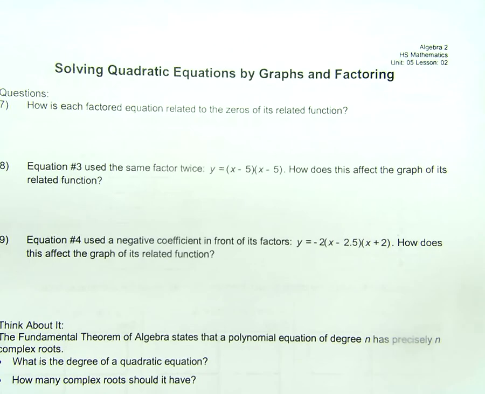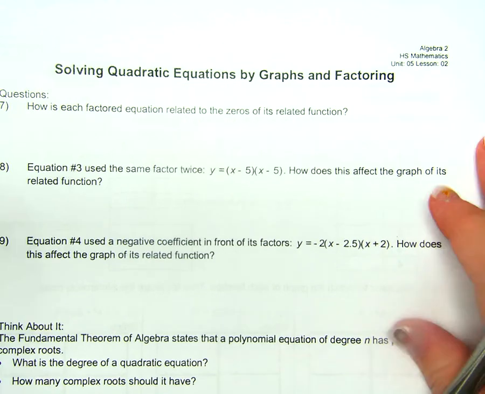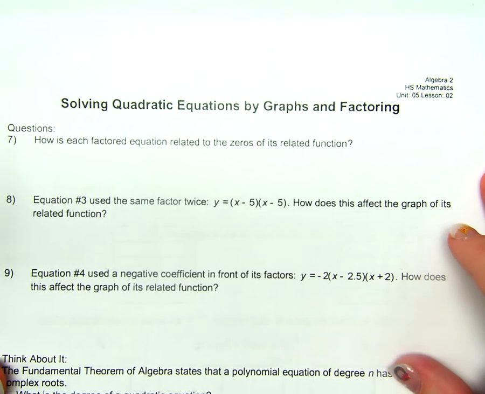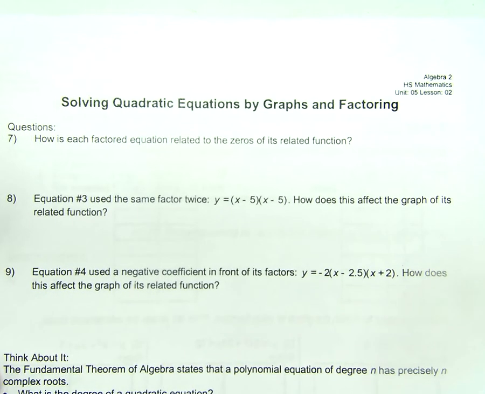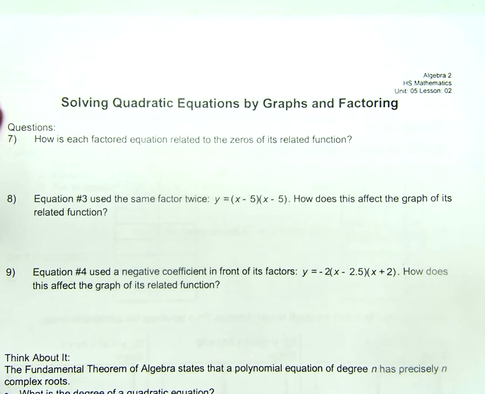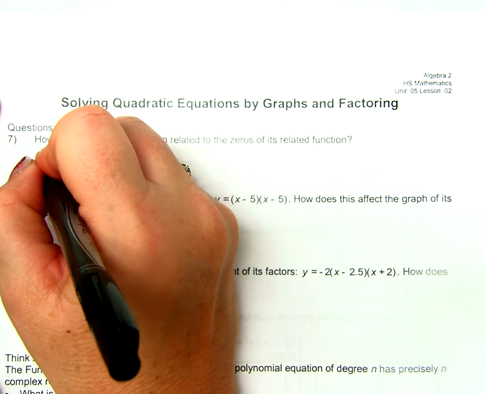Turn it over, please. How is each factored equation related to the zeros? Okay, let's have our third conversation about this. Are you getting the idea that this is an important question? How is each factored equation related to the zeros of the related function? You want me to tell you the math language? Here's the math language.